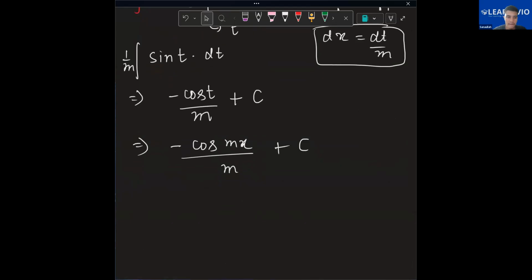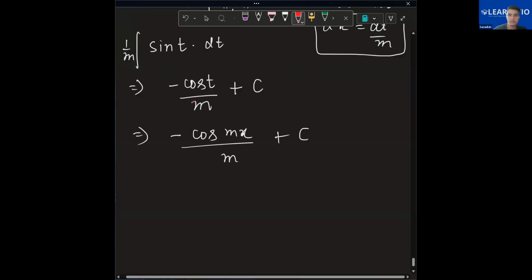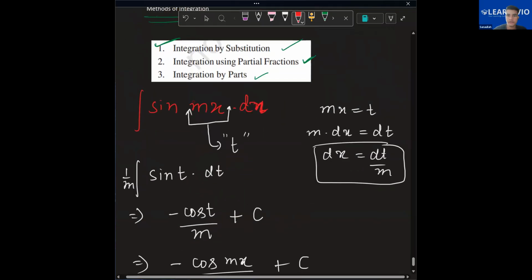We will see questions in the future. Now this is clear to you how substitution works.